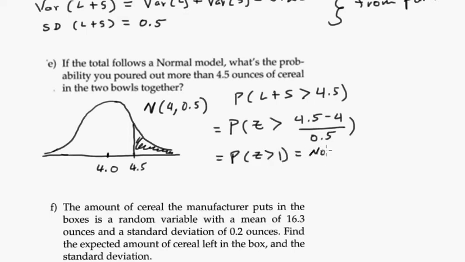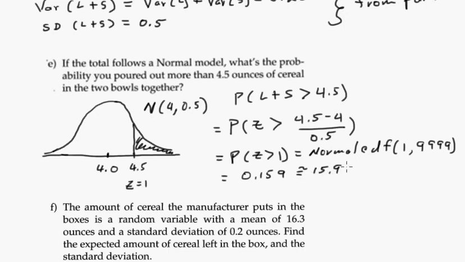So normal CDF, and we're going to go from 1 to positive infinity. And that becomes 0.159, or approximately 15.9%. Okay, so according to the model, the probability that the total weight of cereal in the two bowls is more than 4.5 ounces is approximately 15.9%.